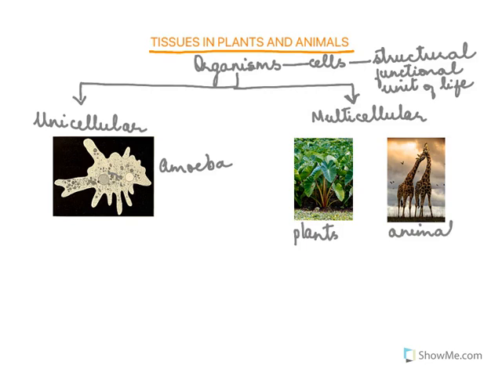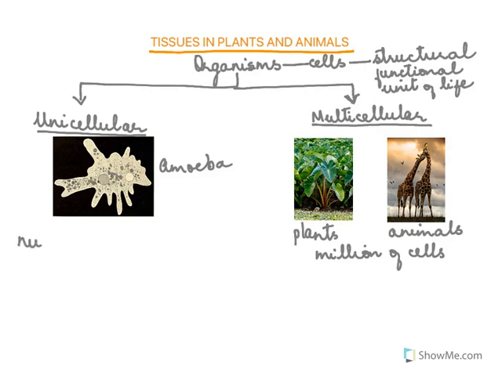These are multicellular organisms made up of millions of cells. So here we have unicellular, which are made up of just a single type of cell or one cell, and multicellular, which are made up of millions of cells.